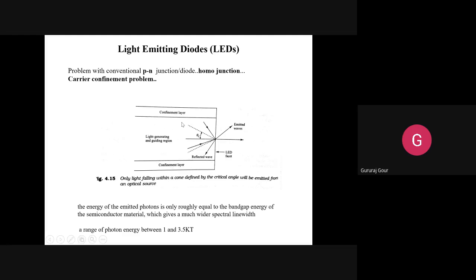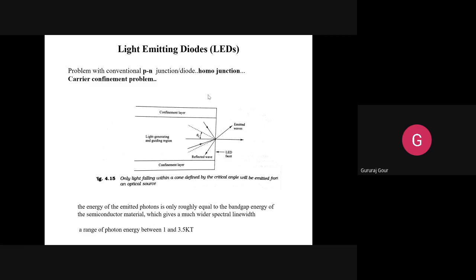So this is the problem with the normal PN junction diode, because LED is actually nothing but our PN junction, which is activated by the light, injecting electrons in the conduction band. Normal PN junction diode itself will be there, conventional PN junction, but now the working will be different.